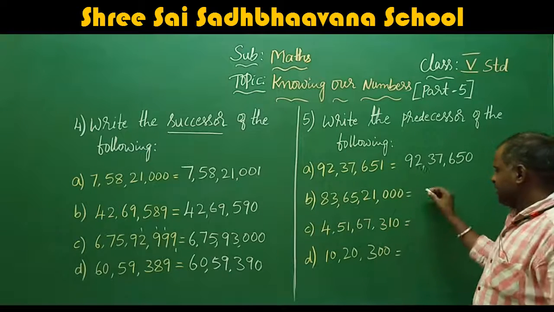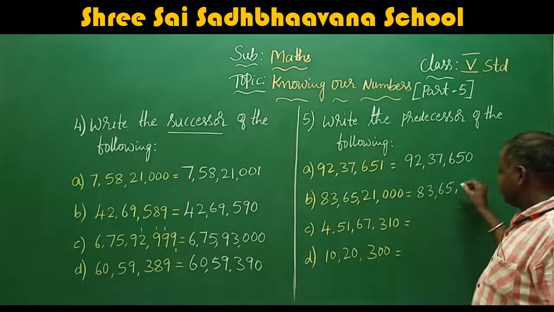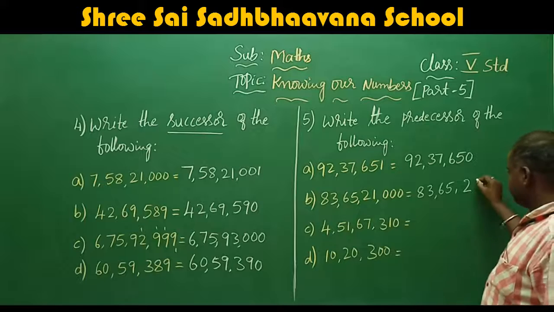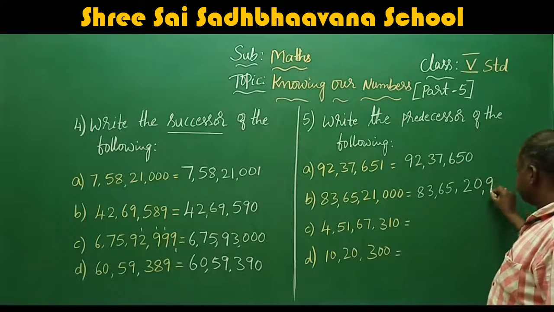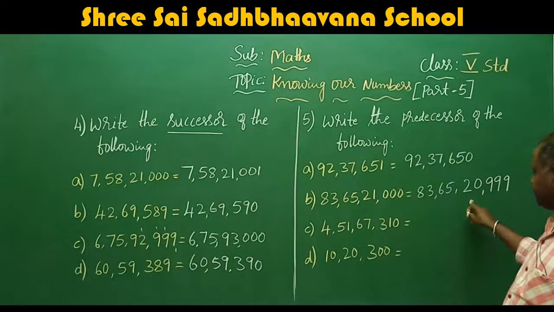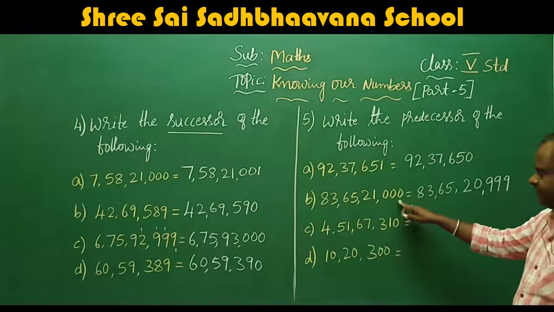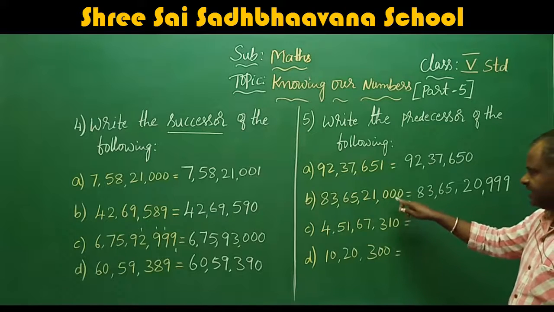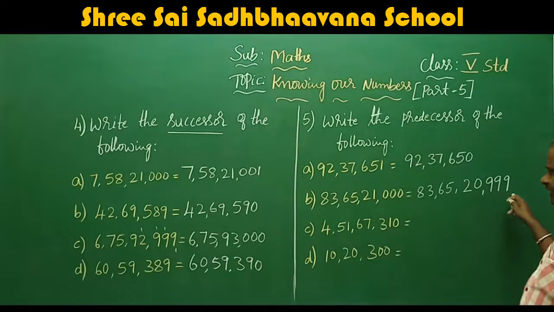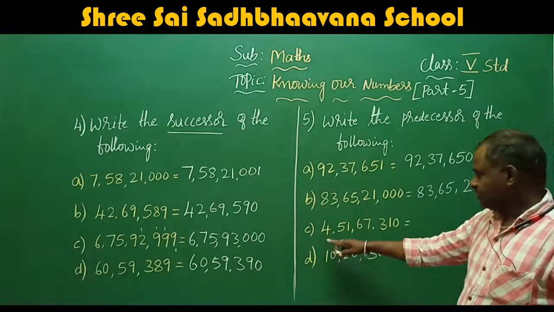Next, here 83 crores 65 lakhs 21,000 they have given. If you subtract 1, what will happen? It becomes 20,999. You subtract 1 from this, you get 9, 9, 9, and this becomes 0. So 20,999.